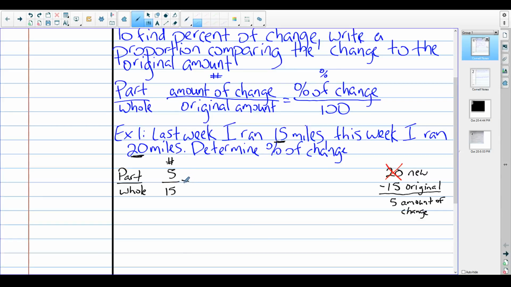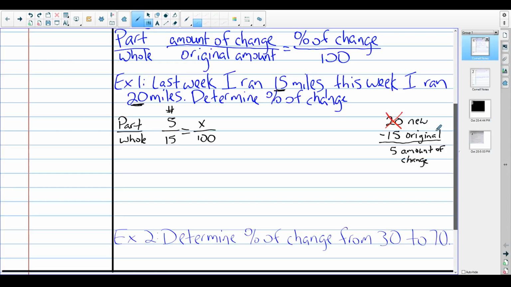Equals, determine a percentage, which means we don't know what the percent's going to be, but the whole percent will always be 100. So then from here, this is just a proportion, so we cross multiply, then divide.